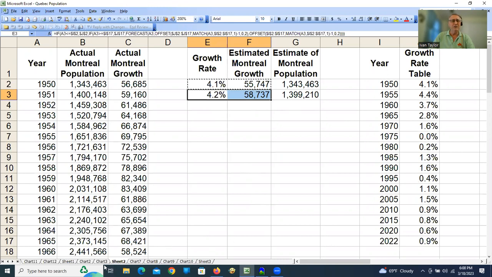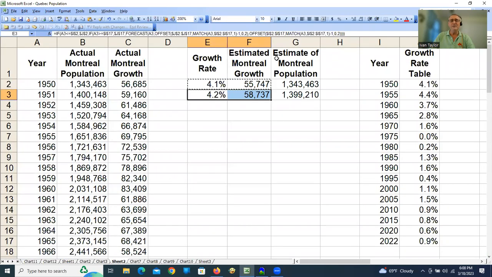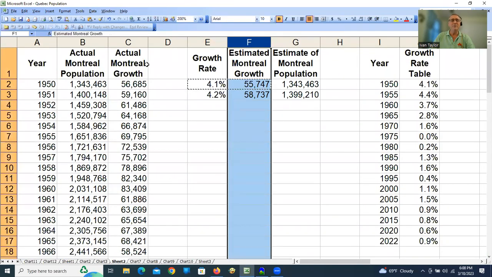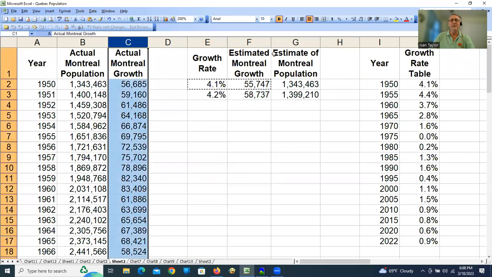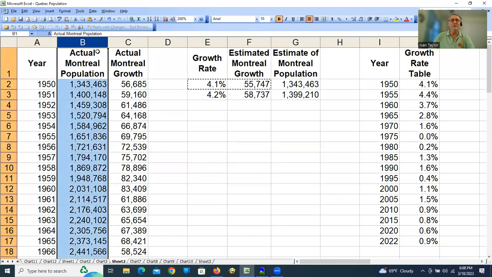So just taking a look at the growth rate in Montreal, here we see the growth in Montreal has varied quite a bit over the years. So we want to get a match between the data in this column in the growth and this column in the growth, and a match in the estimate of the population and the actual population. So I calculate the growth rate by using a lookup table as shown here.